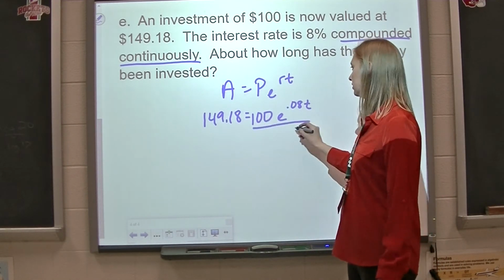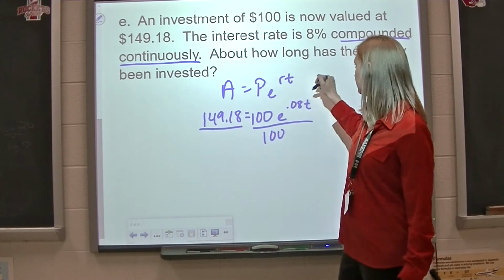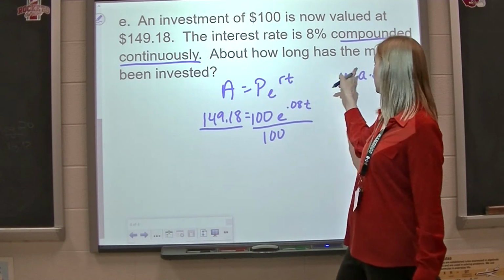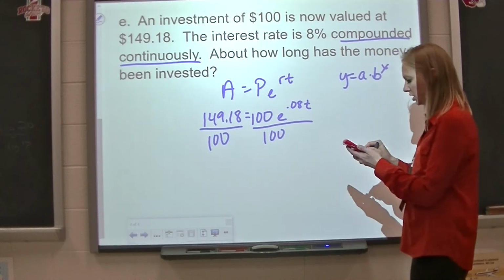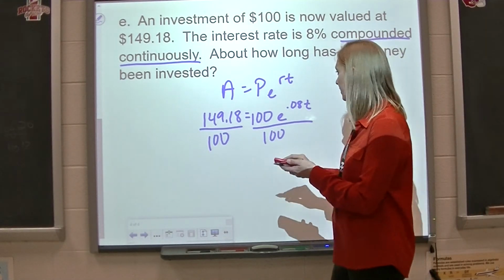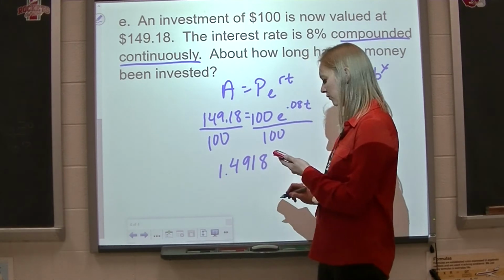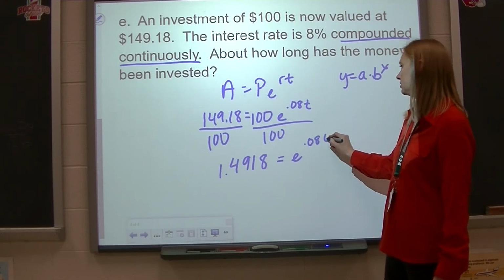So get rid of our principal, our A essentially, because it's y equals a times b to the power of x. Get rid of our P here, so divide by 100. So 149.18 divided by 100 is 1.4918 equals e to the 0.08t power.